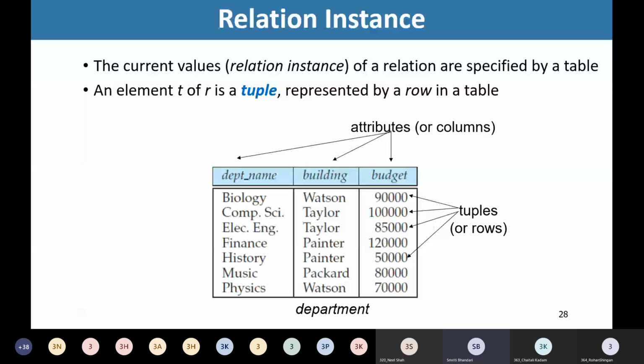Similarly, the relation instance is a snapshot of a particular relation at a particular instance of time. So whatever are the current values for different attributes, those stored presently in a relation give me the current instance of the relation. Okay.